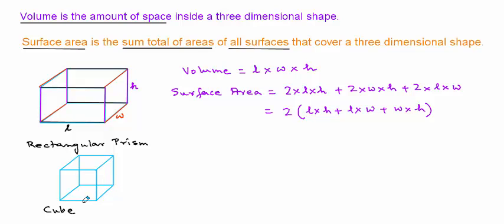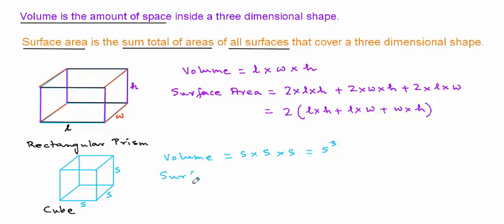So if we name the length as S, the width is also S, and so is the height. So if we apply the volume formula, the volume is equal to S times S times S, which is written as S raised to the 3rd power, also called S cubed.